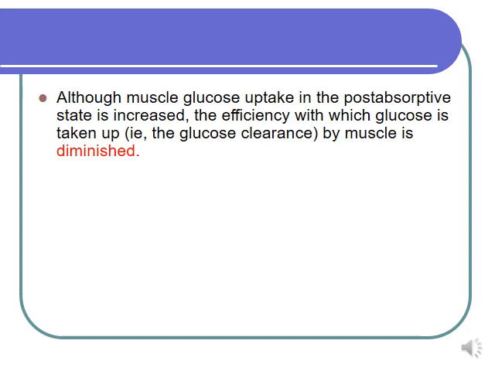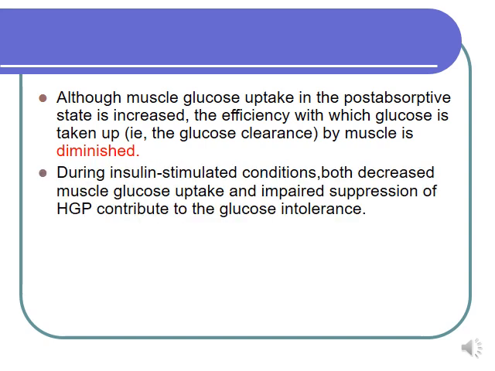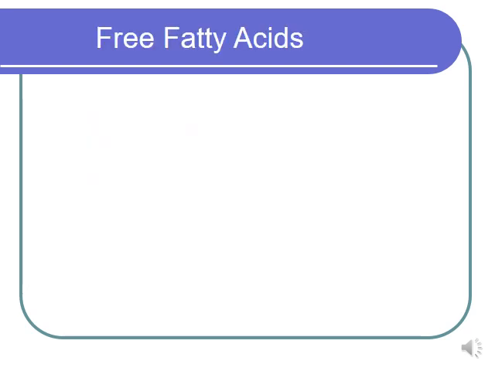Muscle glucose uptake in the post-absorptive state is increased, but the efficiency with which glucose is taken up by muscle, that is glucose clearance, is diminished in type 2 diabetes. And during insulin stimulated conditions, both decreased muscle glucose uptake and impaired suppression of hepatic glucose production contribute to the glucose intolerance. So coming to the role of FFA, that is free fatty acids.